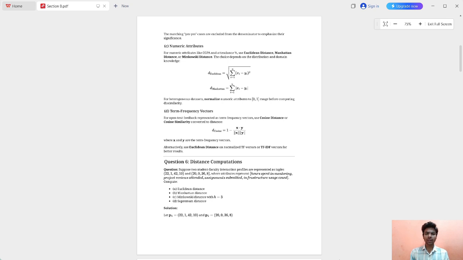Compute the Euclidean distance, Manhattan distance, Minkowski distance, and supremum distance.